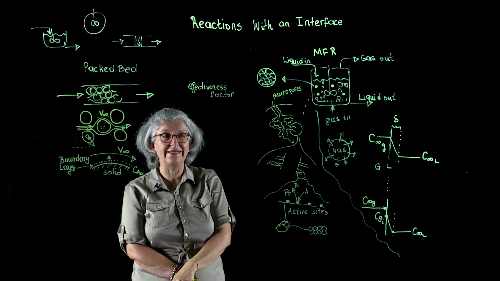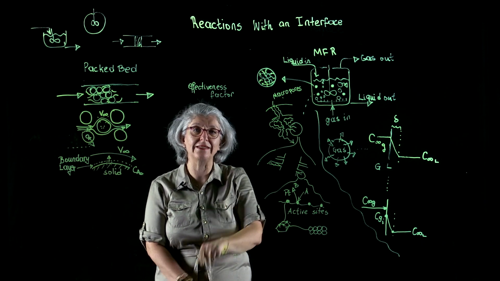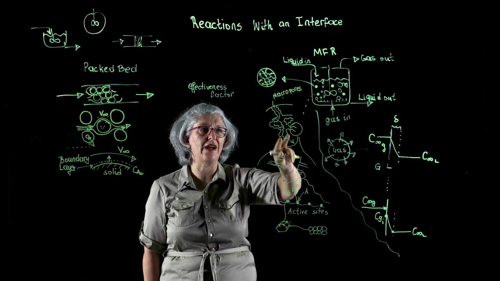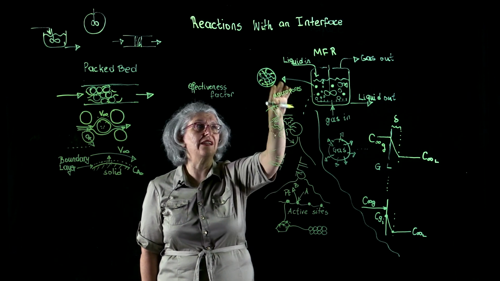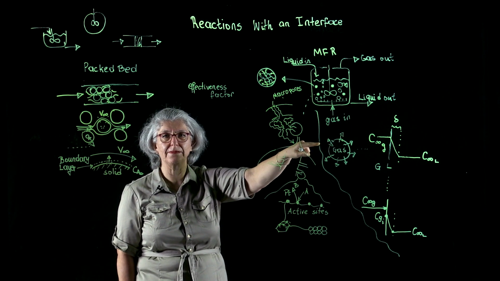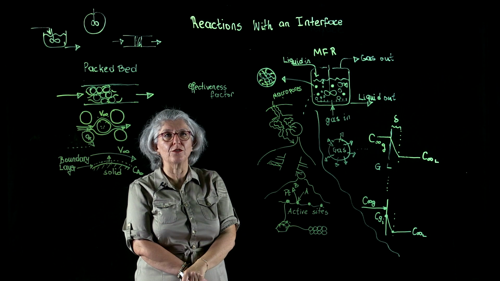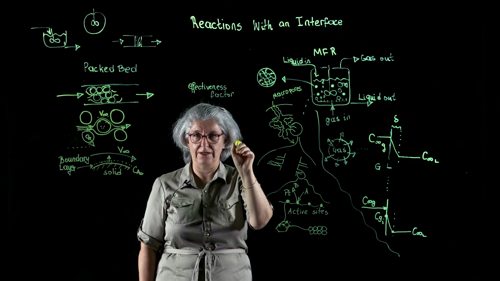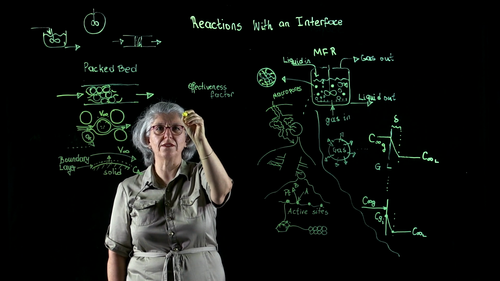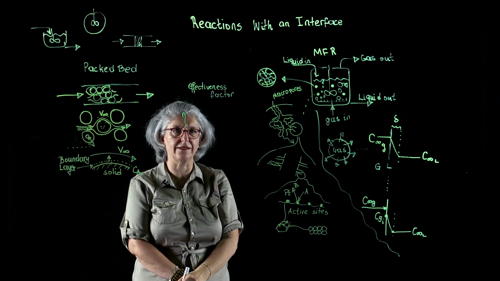But if that time is longer, that it takes longer for that molecule to arrive at the active site, then compared to our characteristic residence times, we have a problem. All right? That we don't have an effective catalyst. So the effectiveness factor is a dimensionless quantity. We frequently denote it by the Greek letter eta.